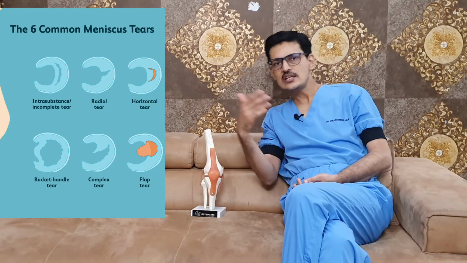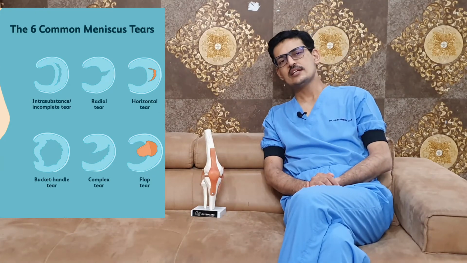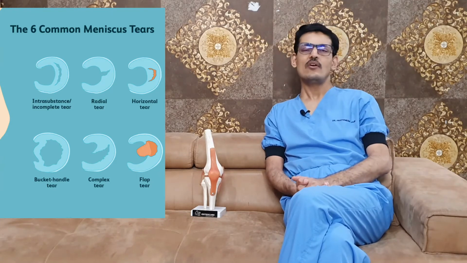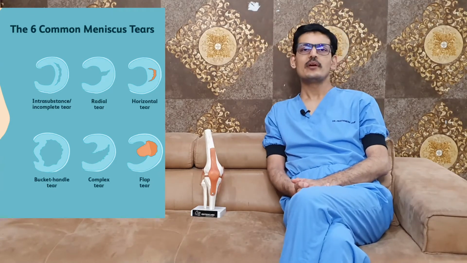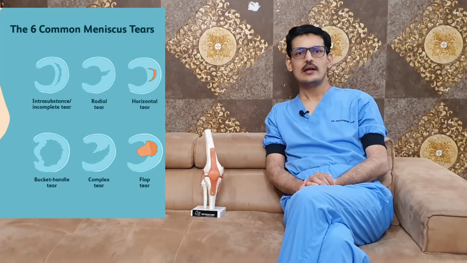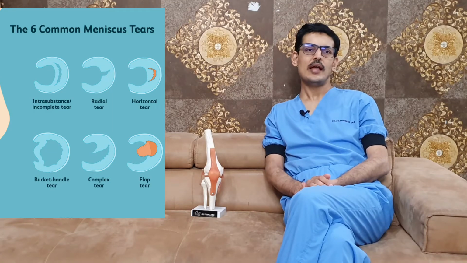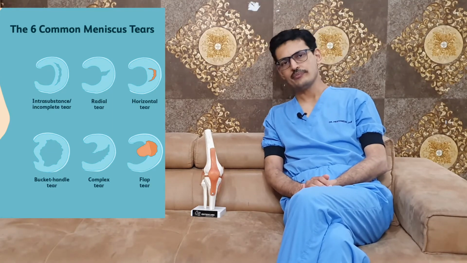And now there is an advanced version available, called the Fast Fix 360 degree. This is a single use single suture device, very handy, easy to use, and very ergonomic, and it is an old device with a long success history, and we use it quite often.